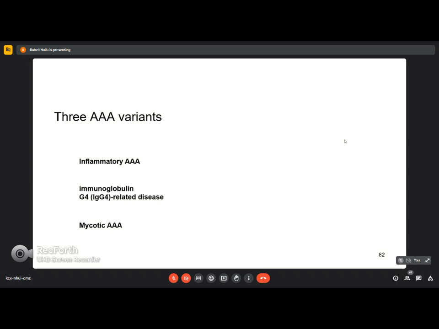Immunoglobulin or IgG related disease, where you would see a response to a particular antigen-antibody reaction, and you call it mycotic when you have lodged microorganisms within the vascular wall. So depending on the morphology of the lesion, whether it has a specific antigen-antibody reaction or just a simple lymphoplasmacytic response, or if you can identify the actual microorganism, you can classify them based on their morphology like this.